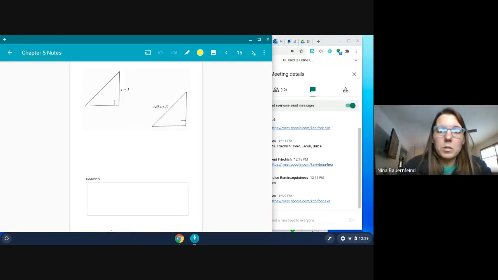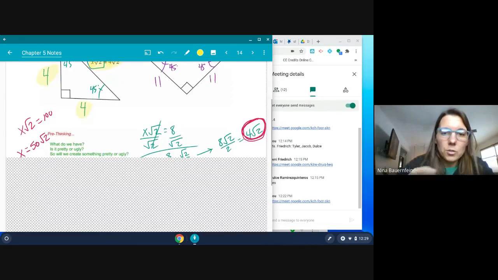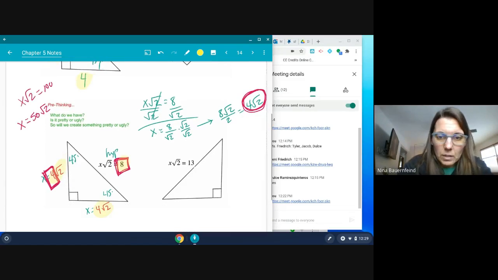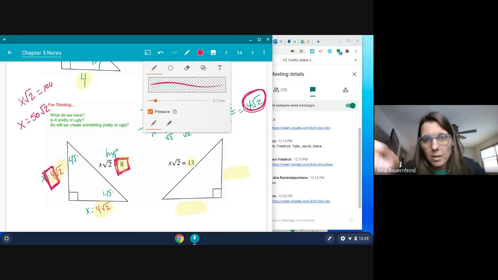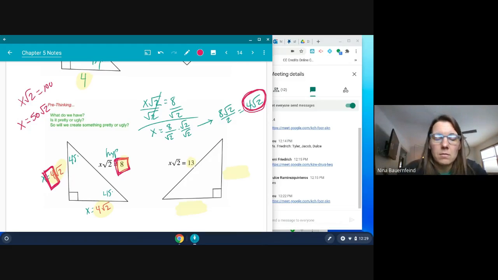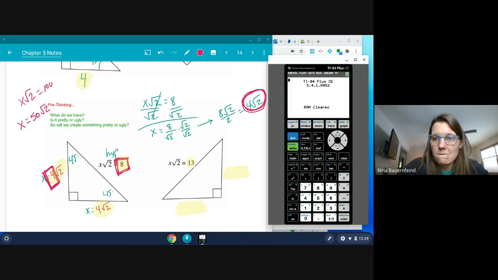So in this one, we have a pretty thing to begin with. That means when we're done, it's going to be ugly. So what is half of 13? 6.5.